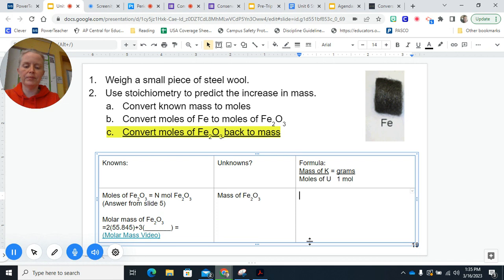So on the top, I'm just going to put mass of Fe2O3, because that's what we're looking for, is going to equal the molar mass of Fe2O3 over the moles, which we would know from our previous slide, over 1 mole in this case.